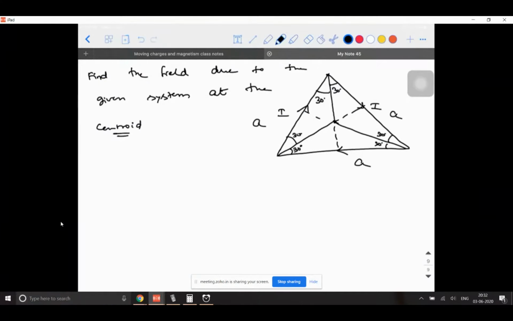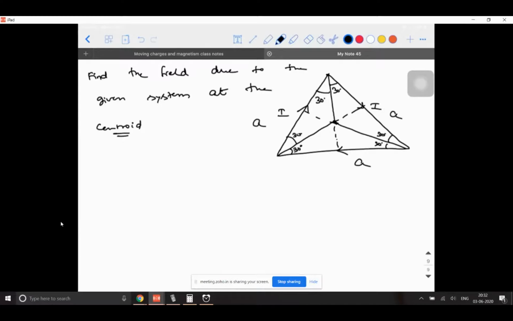That is the centroid. We did not use that, because for you to apply this formula, you only need to know the angles. You're not concerned about the ratio. That is the reason you need not use it.